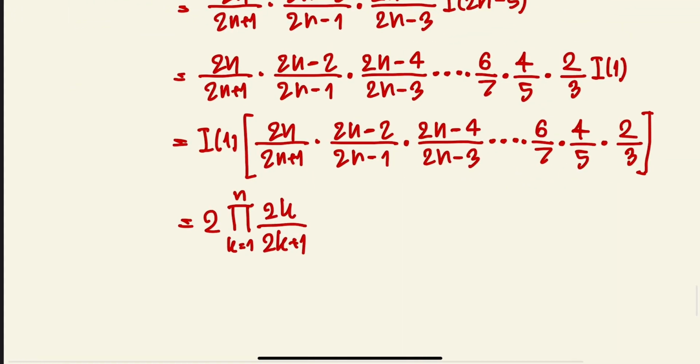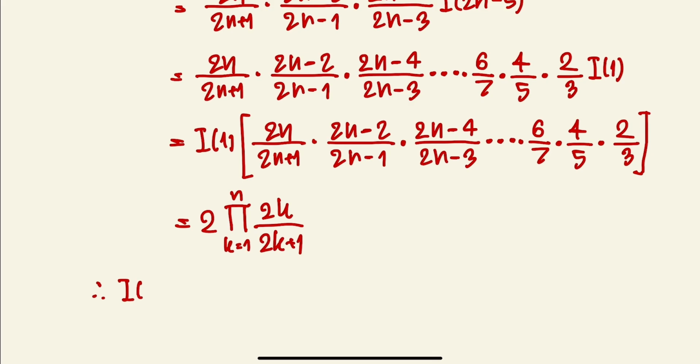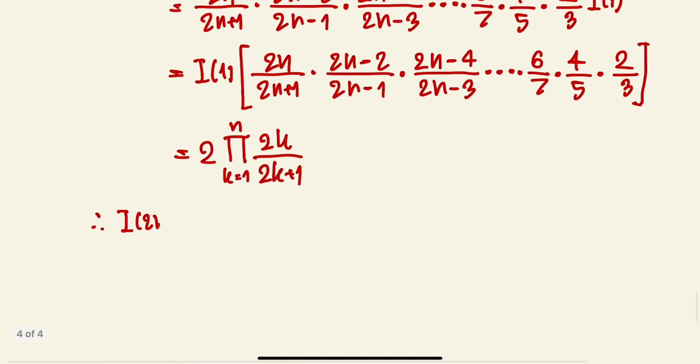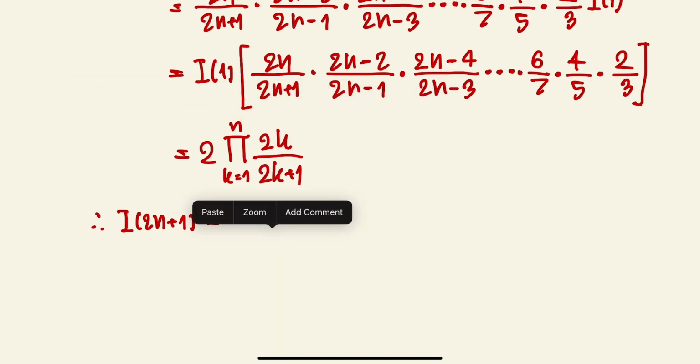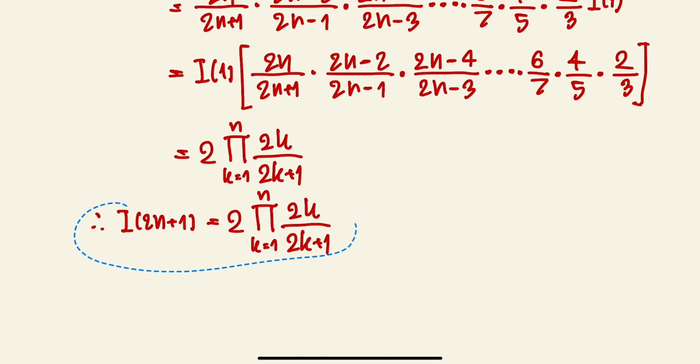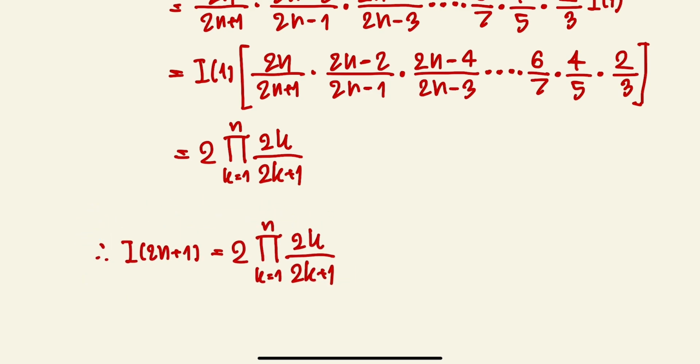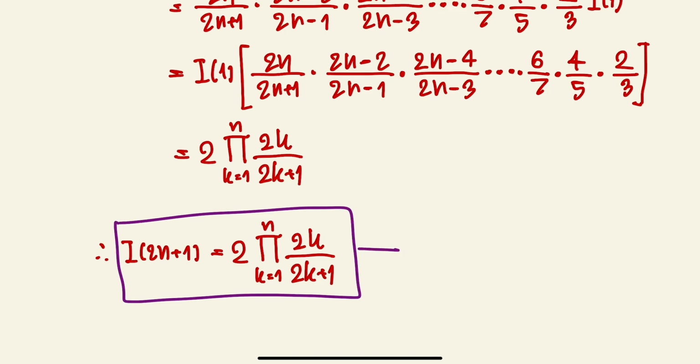Now, this is I of 2n plus 1 equal to this term. This is equation 4.